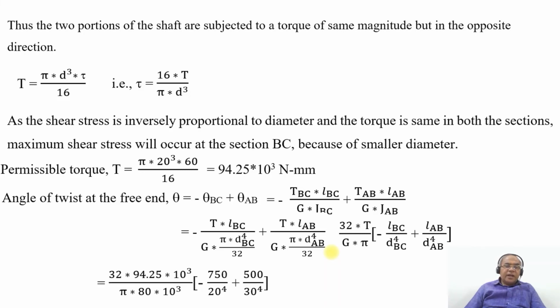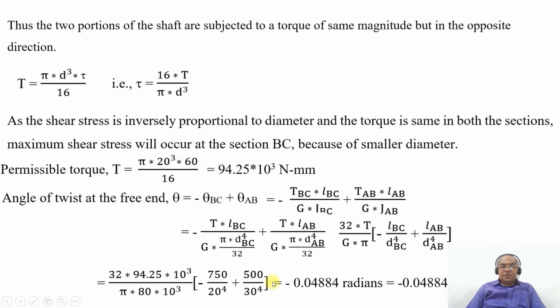So when you substitute these values, you are going to get 32 into torque 94.25 into 10 to the power of 3 divided by pi into 80 into 10 to the power of 3, into the square bracket: minus length of BC 750 by 20 to the power of 4, plus length of AB 500 by 30 to the power of 4.